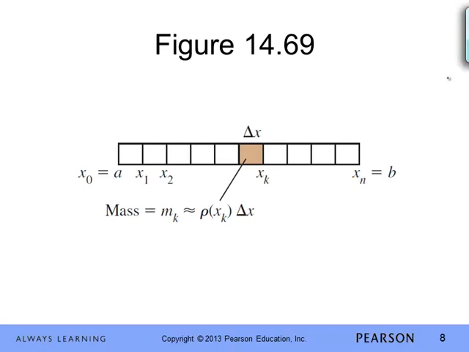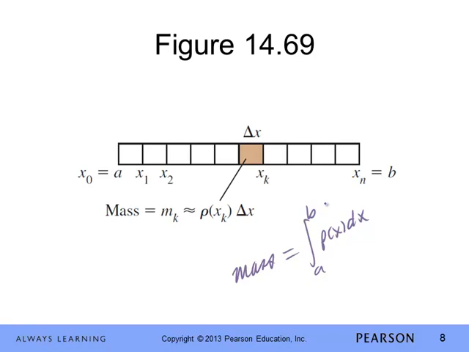And then you add them all up, and take the limit as delta x goes to 0, and then you've got your total mass. So all you need to do is just integrate over that bar the density function in order to get mass.